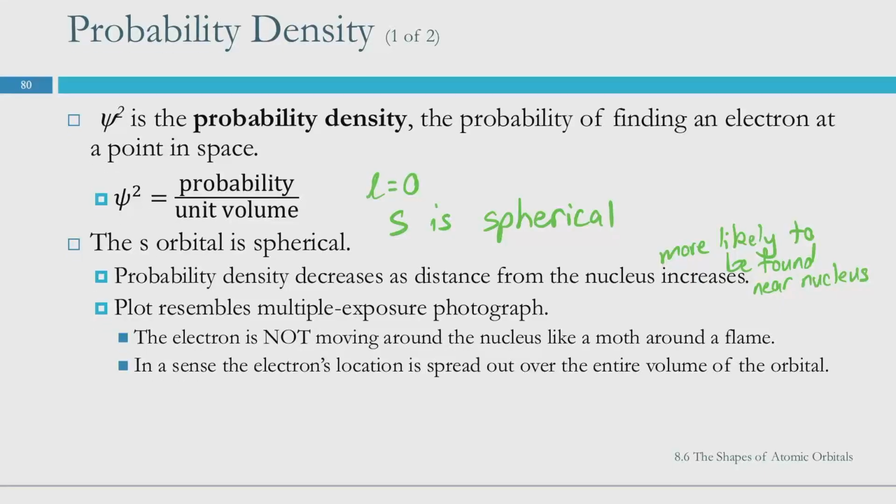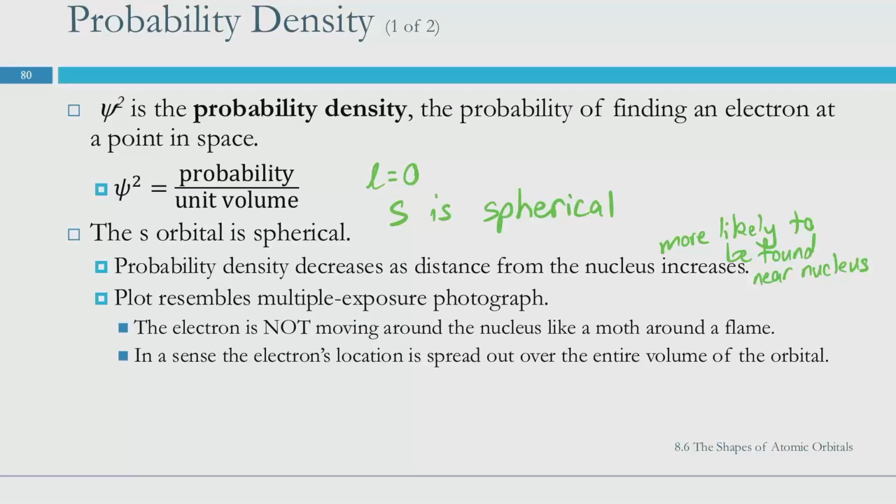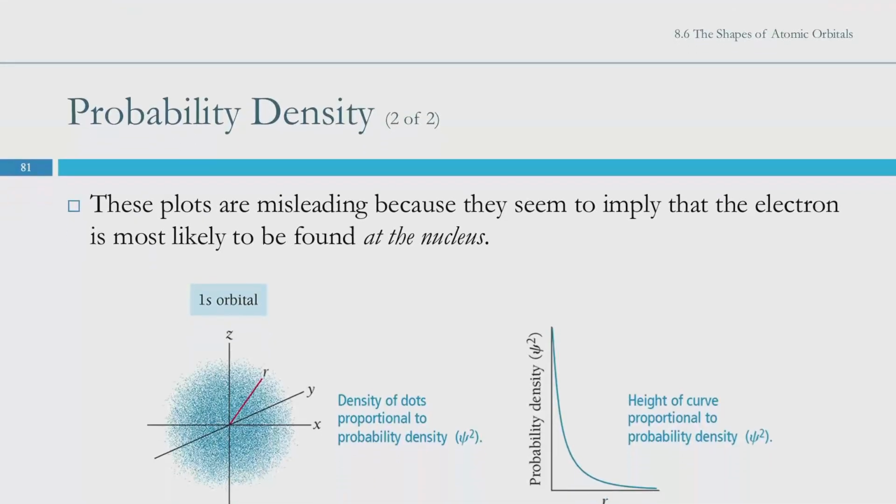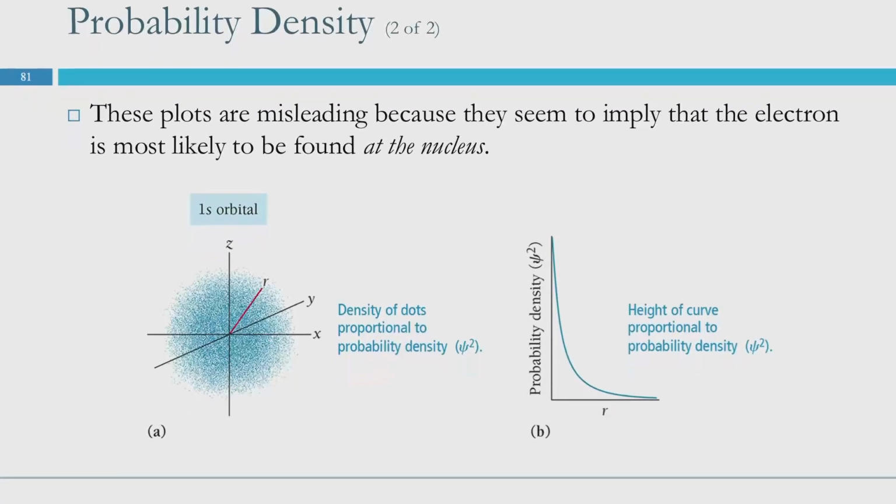If we plot out the probability density, this is like if we took pictures every fraction of a second, we could see where in space that electron is. And it would look something like this. So we've got all these dots, tons and tons of dots here.